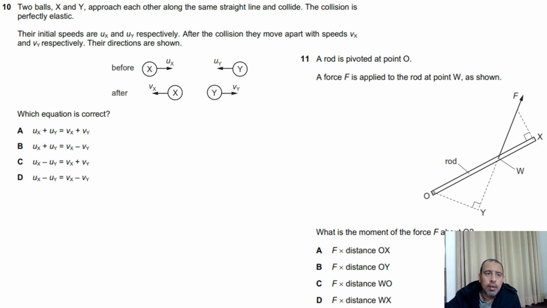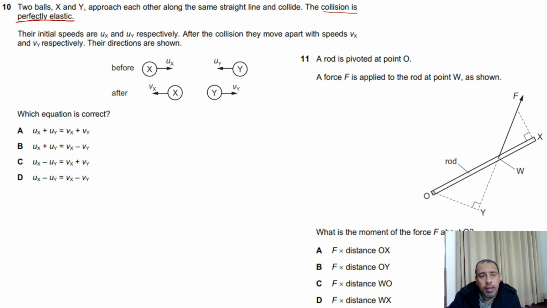Now, this is a simple question. We have these two balls X and Y approaching each other straight and they collide. The collision is perfectly elastic. When we say that the collision is perfectly elastic, it means the sum of the kinetic energies before collision is equal to the sum of the kinetic energies after collision.